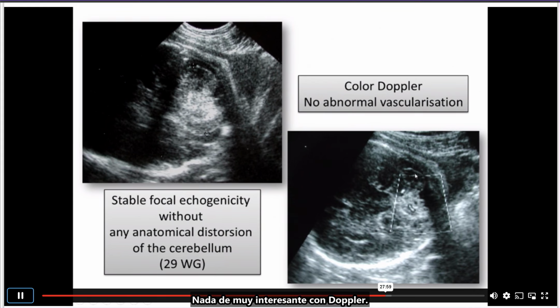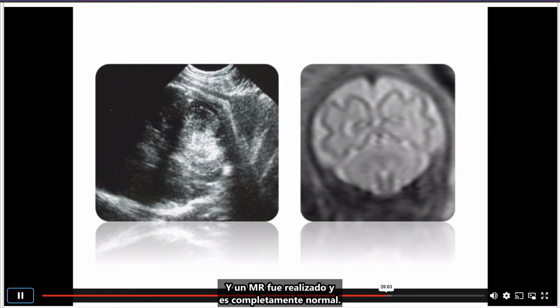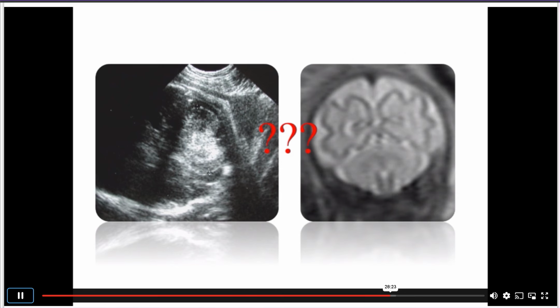Nothing very interesting with Doppler, and an MR was performed and was completely normal. What is the diagnosis? MR is superior to ultrasound for sure, so if there is nothing on MR, there is nothing for sure. But look at the ultrasound. I prefer to look at the ultrasound. Here there is echogenicity. It cannot be a variant. You may change. It's not a problem of foliation.